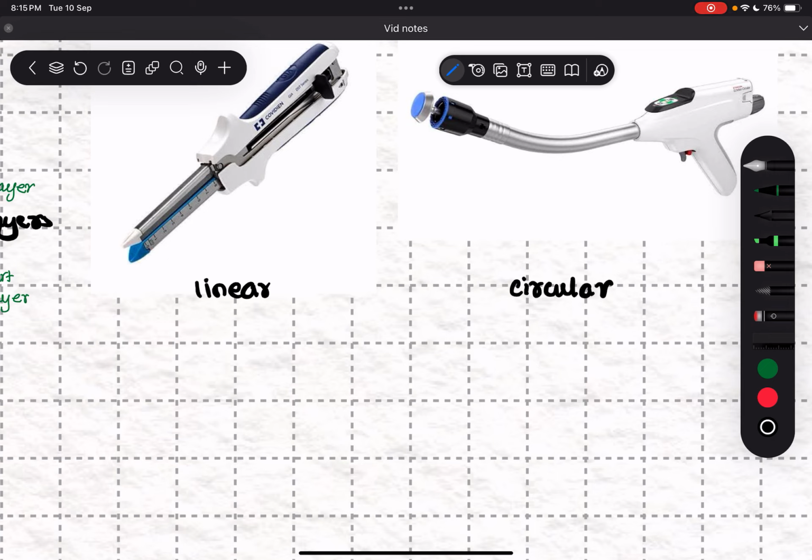Sleeve gastrectomy is bariatric or weight reduction surgery. Zenker's diverticulum can be observed in the esophagus. The circular stapler is used in stapler hemorrhoidopexy for hemorrhoid repair and low anterior resection or sigmoid colon cancer.